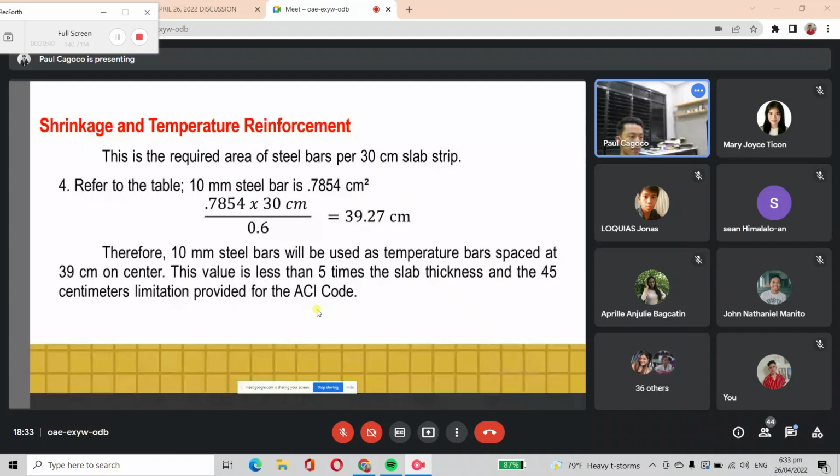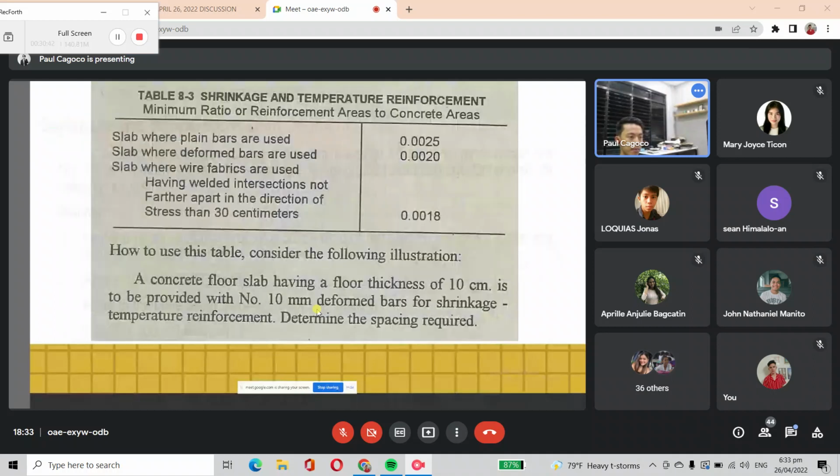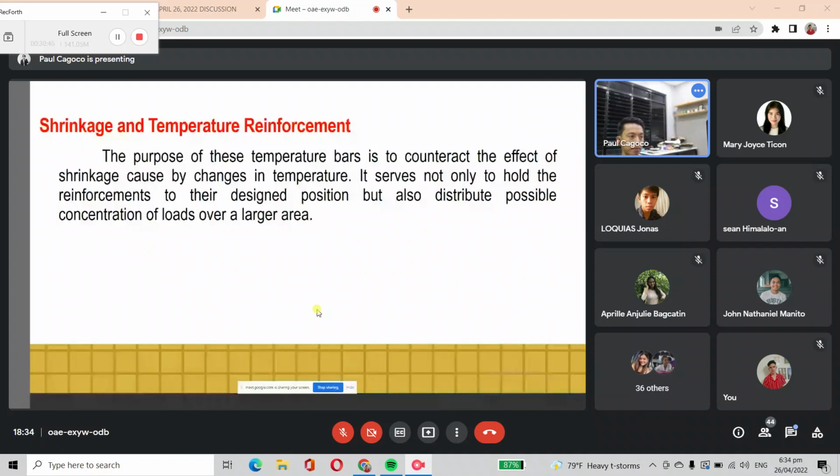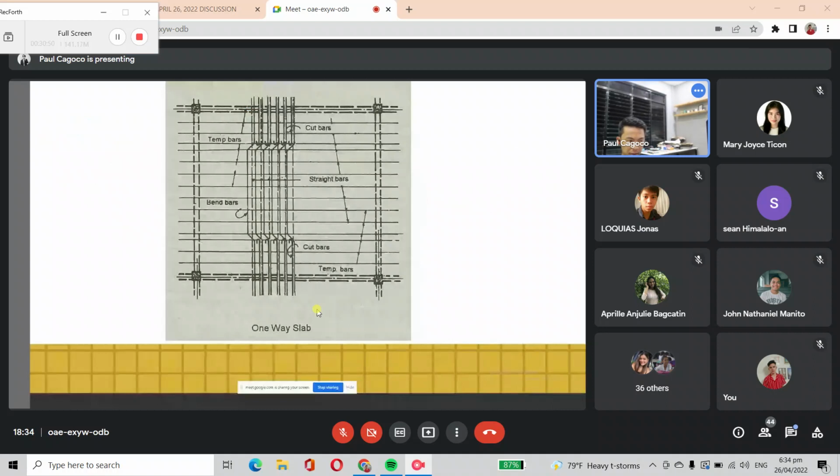That is the standard. Madaghan ra ang bent bars?